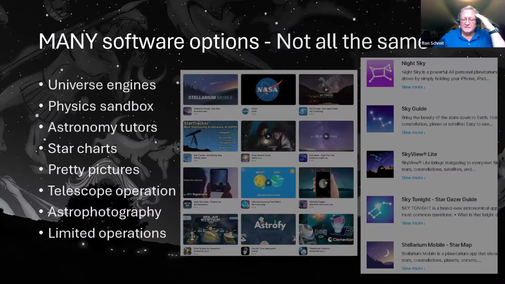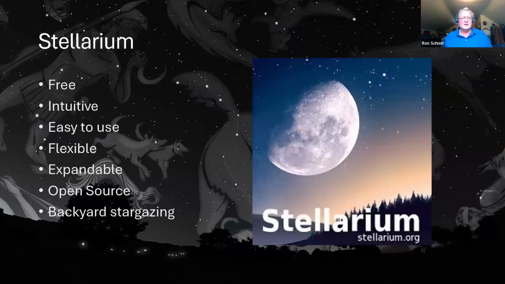That's coming up in a slide or two if you want to take a look at what that looks like. So some of these software packages have very limited operations. They're for a very specific function, and those are great, but it might not be what you're looking for. So what I wanted to talk about was Stellarium because it's got some real big benefits. It's free, it's intuitive, I think it's easy to use, it's flexible, it's expandable.